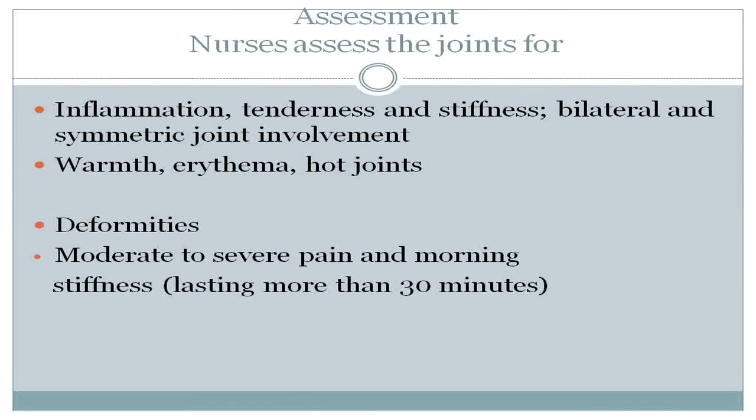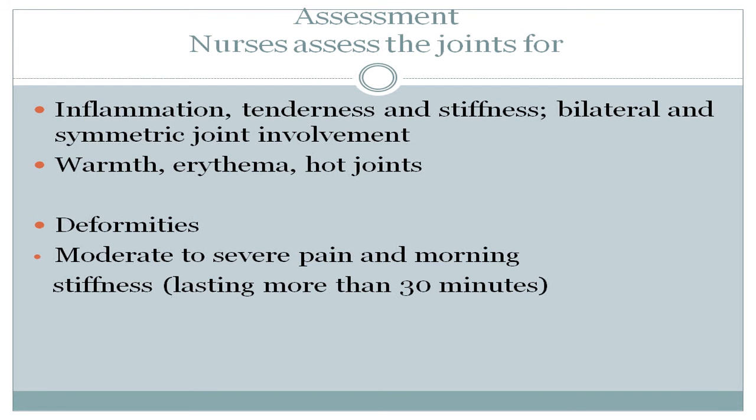With our assessment, the nurse assesses the joints for inflammation, tenderness, stiffness, bilateral and symmetrical joint involvement. What we typically see with the person with rheumatoid, which can help us differentiate this from osteo, is that it's typically bilateral.